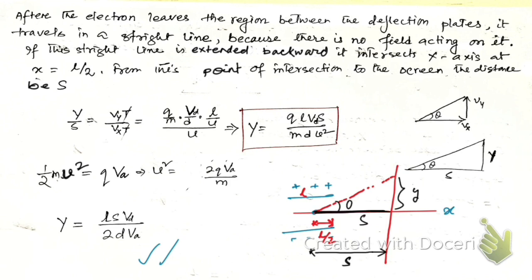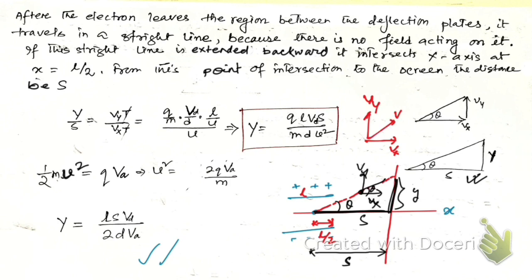Now this angle we have taken theta. From this triangle we can also take the two velocity components, this is Vx and this is Vy, right? So this angle will also be theta. By parallel shifting of vectors, this is Vx, so Vy can be taken here.